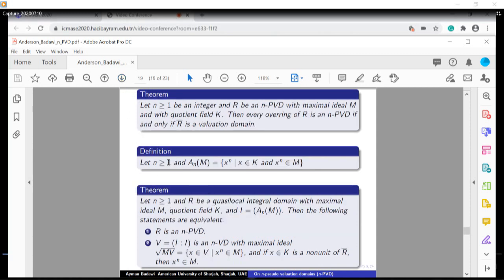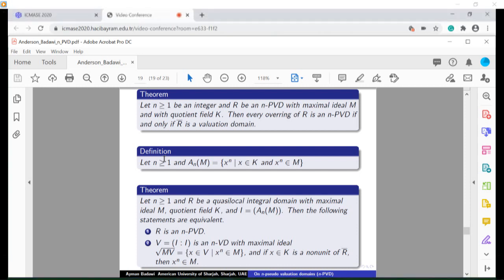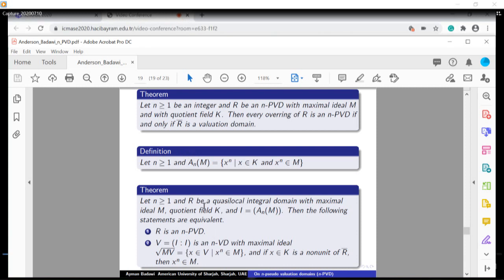Here is a definition that we, in fact, use a lot, but I try to avoid as much as I can because I already have many definitions. This definition, in fact, we use to characterize many of the things we did in the paper. Here I mention it just in the last result.